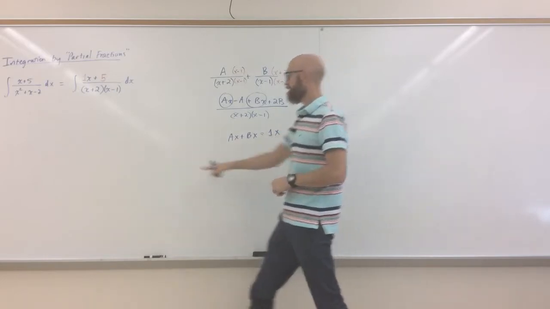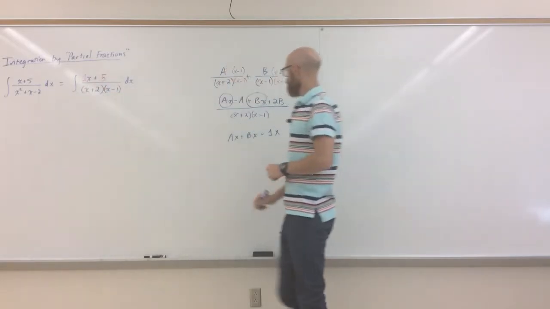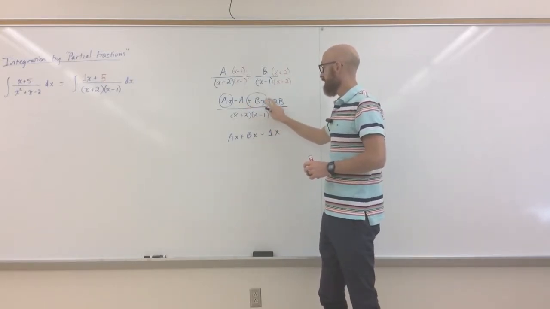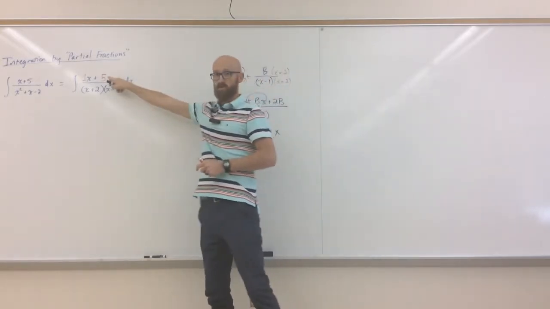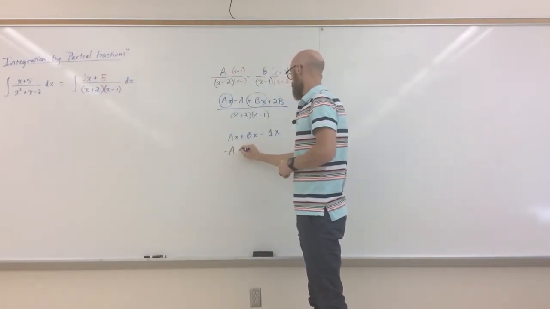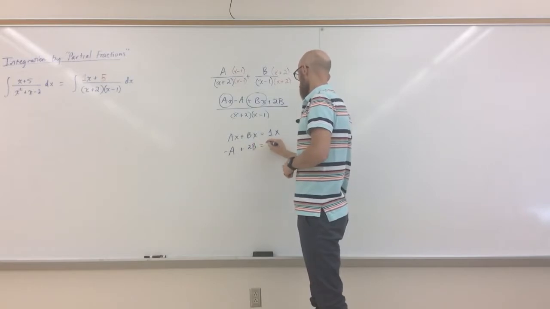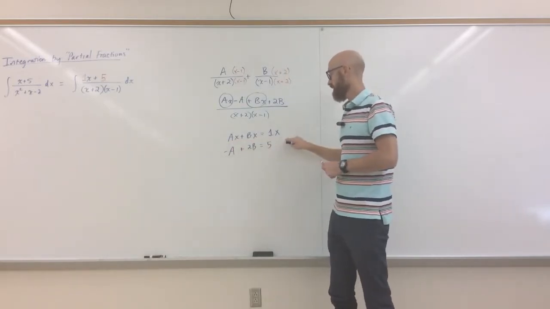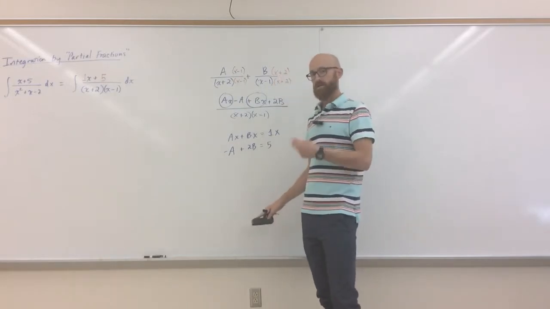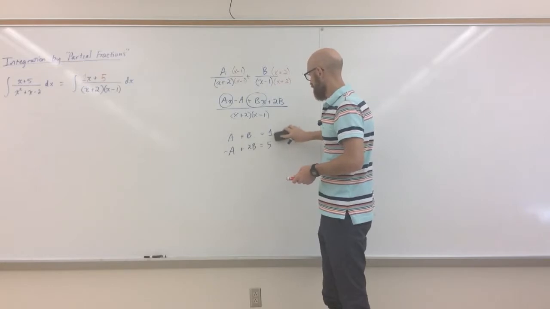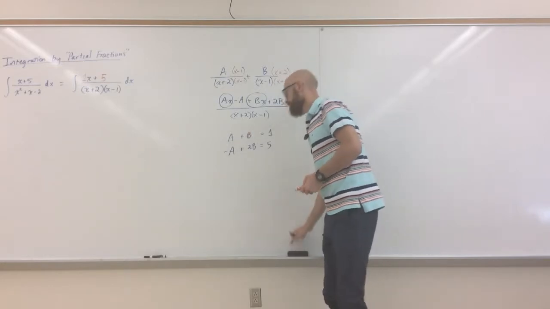The other two terms, negative a plus 2b, don't have x's on them, so they have to add to 5. In these equations we're not interested in finding x; we're interested in the coefficients, so I'm just going to effectively divide those x's away.